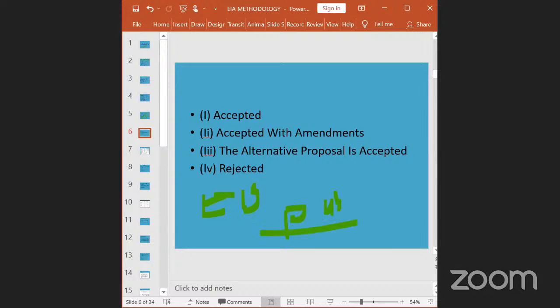So the society or the public should know what the impact of the project on the environment is. It is made public and the hearing is public, so that everybody has the right to understand what the consequences on the environment are, right?